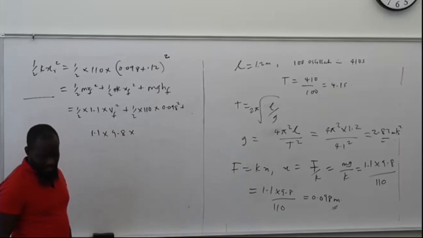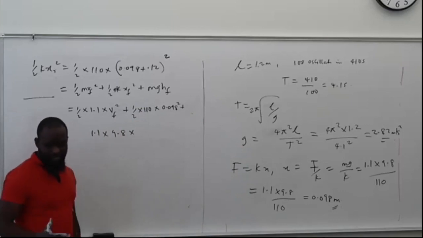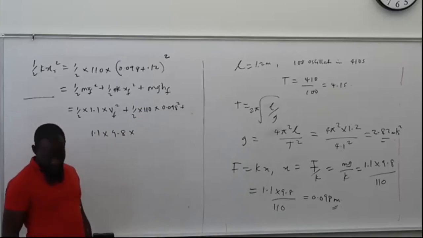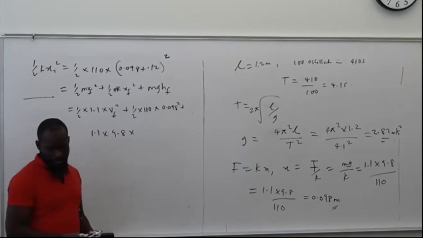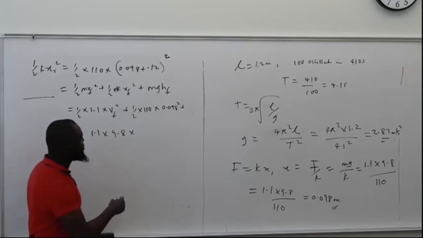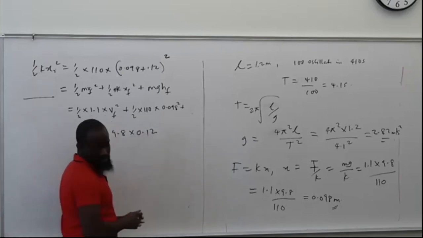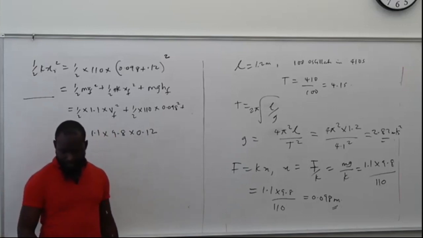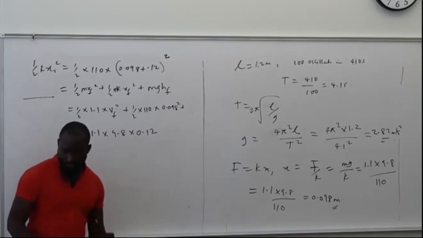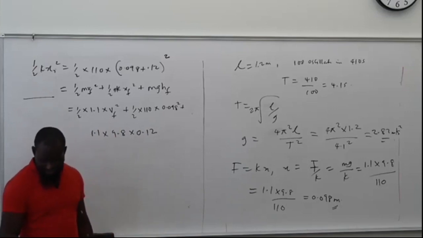So what are we going to use as h now? What you're going to use as h is the height that it moved through at that point. And according to the problem here, that's the distance. Let me share this to make sure I'm using the right parameters.